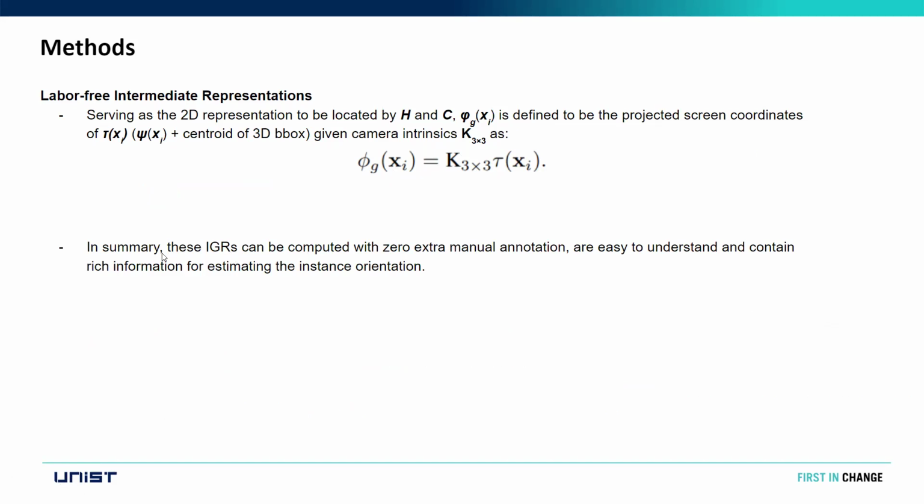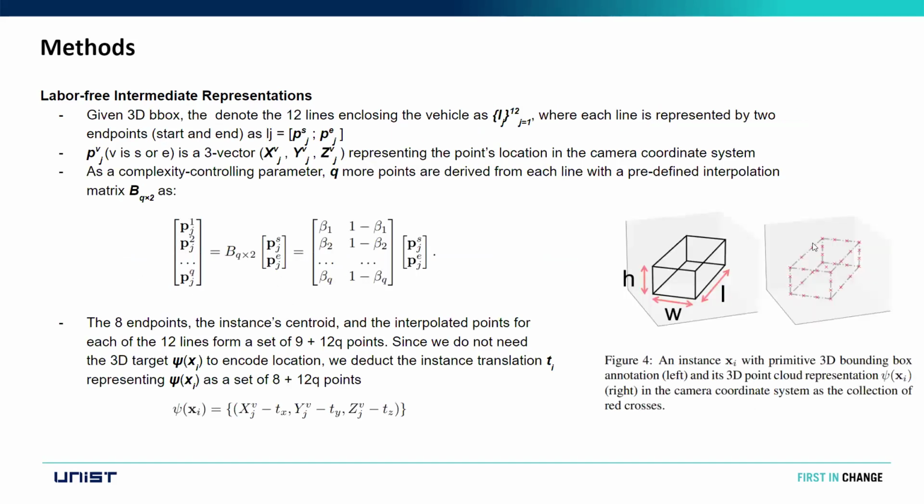In summary of this section, the IGRs can be computed with zero or minimal extra manual annotation, and are easy to understand and contain rich information. Detecting these points on the bounding box is very useful for detecting the orientation of the instance. And since we already have the bounding box annotation for each instance, annotating these points is not that hard, actually. It just needs some math formulas.